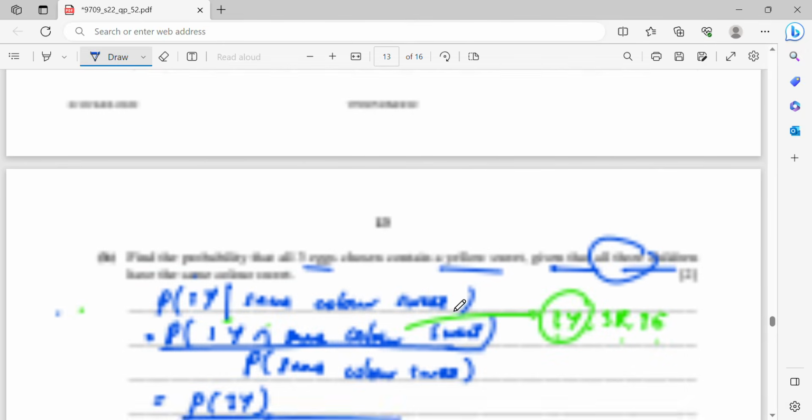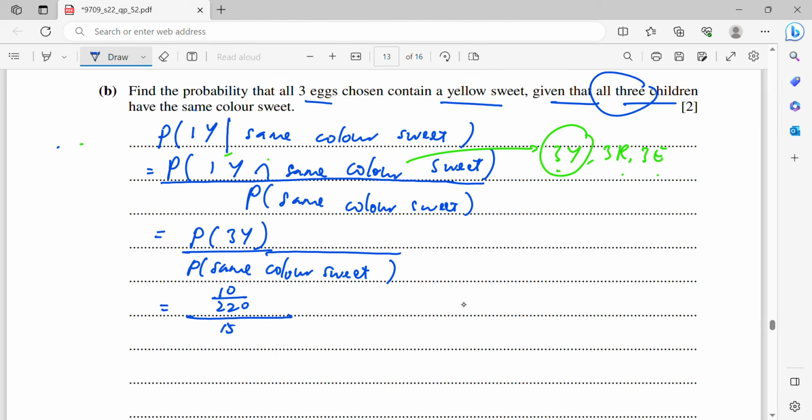So I will write 15 over 220. So from here, you will cancel off the denominator and you are getting 10 over 15. So 10 over 15 can be simplified to 2 over 3. Right? So that's the solution for this question B.